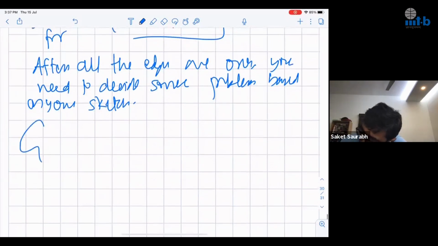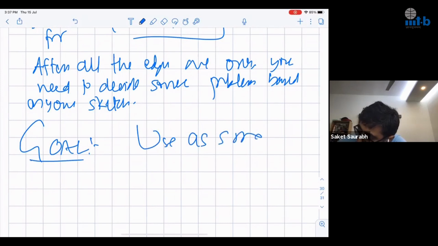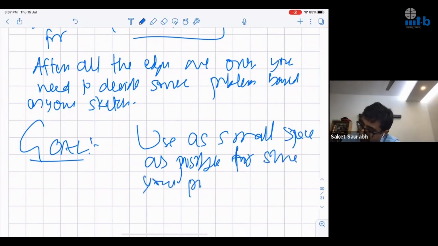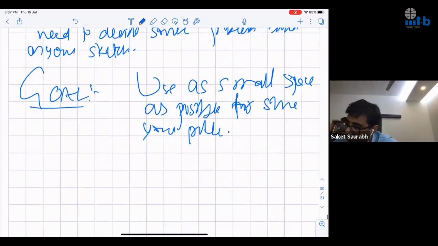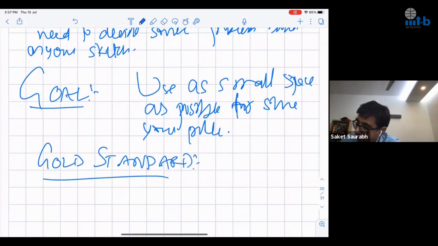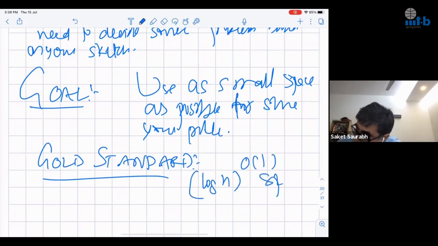Goal: use as small space as possible to solve your problem. Gold standard. Gold standard in this world is log n to the power big O of 1 space. This is your gold standard.